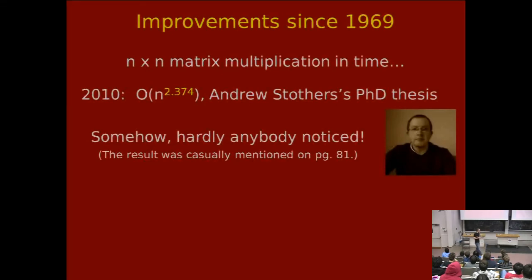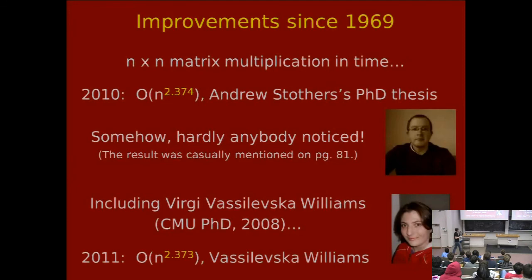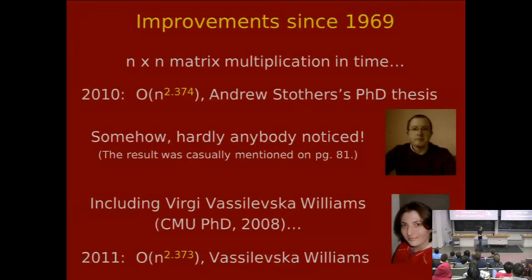So literally nobody noticed except for the people on his PhD thesis committee. That's funny. In particular, one person who didn't notice was Virgie Vasilevska, who was a PhD student here. She graduated in 2008. Without noticing, she also beat it, a little bit better. She got 2.373. That's the best algorithm known, n to the 2.373.